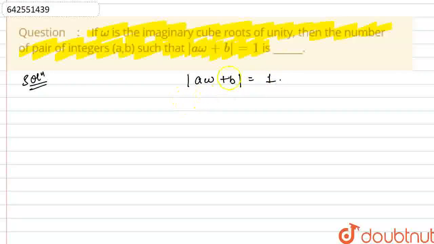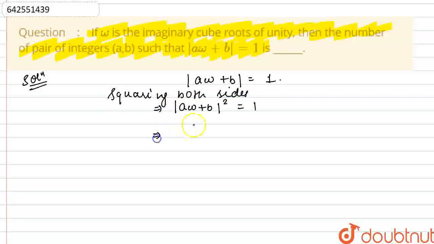So on squaring both the sides, what we will get is modulus of a omega plus b whole square is equal to 1 square, which is 1. I am just squaring both sides. Now I can write this as a omega plus b into a omega bar plus b is equal to 1.